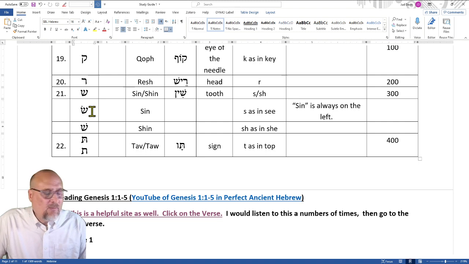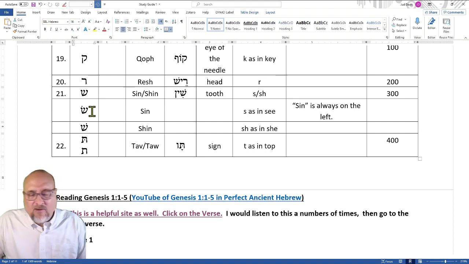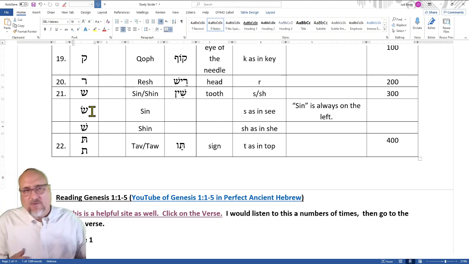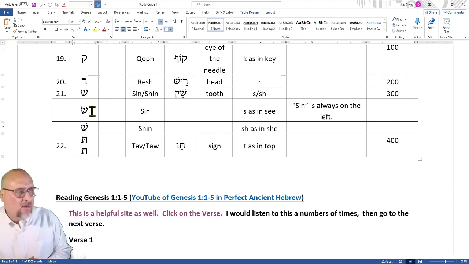And so that's going to make it a little hard when we spell words, because we aren't able to distinguish that. But we have that in English too. I mean, what's the difference between city and sin in terms of the sound? But those are two different letters. So we have the same thing in Hebrew with the sin and the samik.